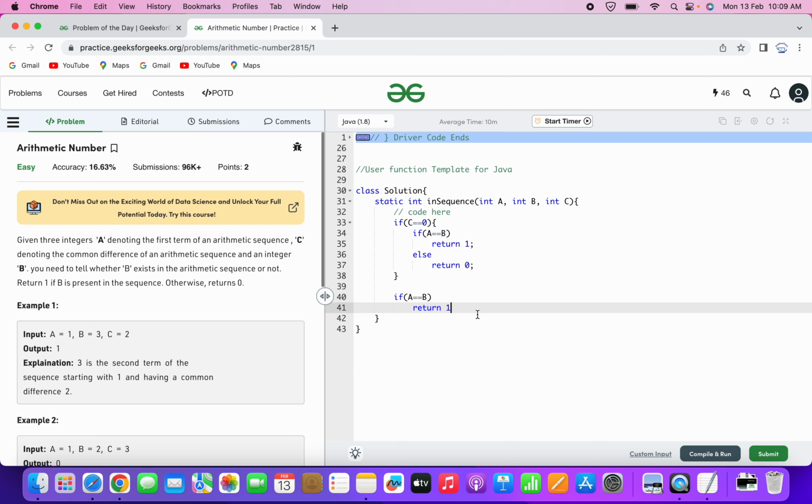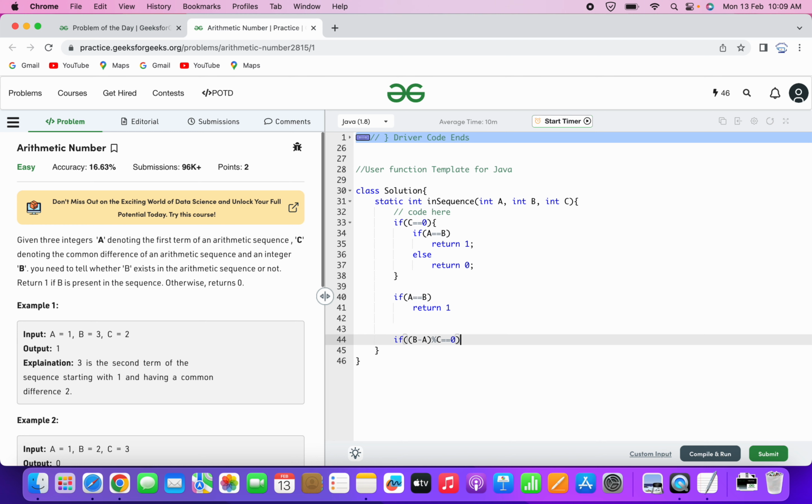Now when these two scenarios have been taken care of, let's go ahead and write all the general cases now. So what we can do here, we can write if (B minus A) modulus C is equal to 0.